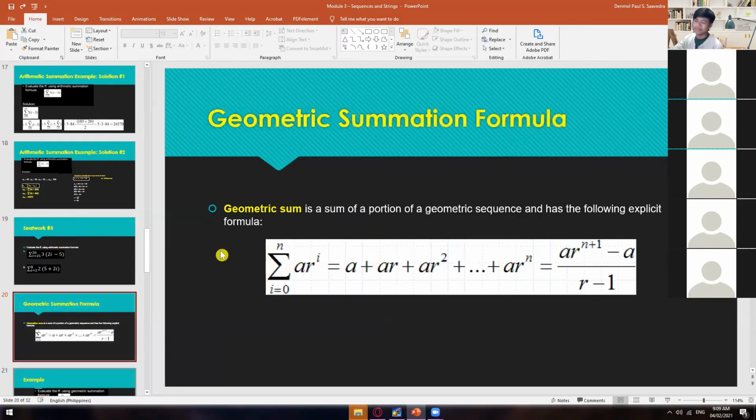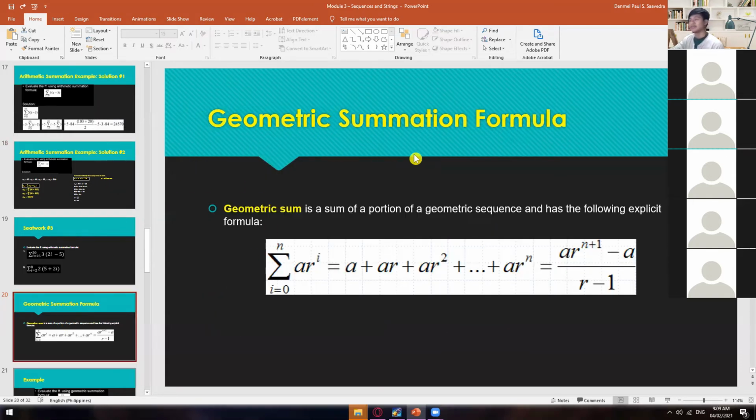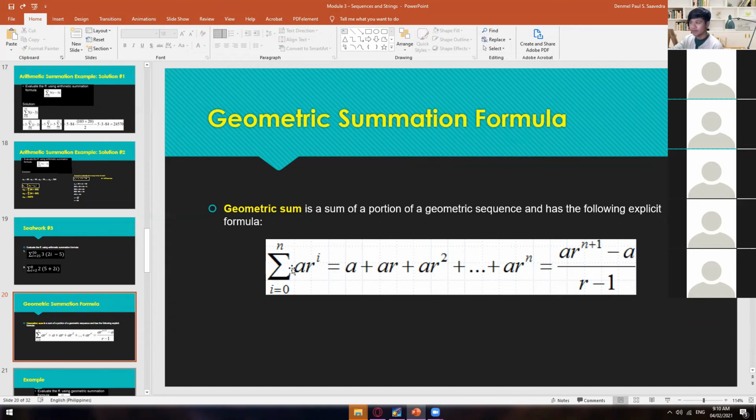All right, so if we have arithmetic summation, we also have geometric summation formula. Geometric sum is a sum of a portion of a geometric sequence and has the following explicit formula. By default, we have this given formula already. So the summation ranges from 0 to n of a times r raised to i.